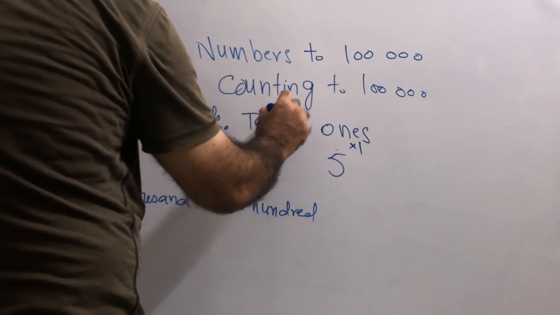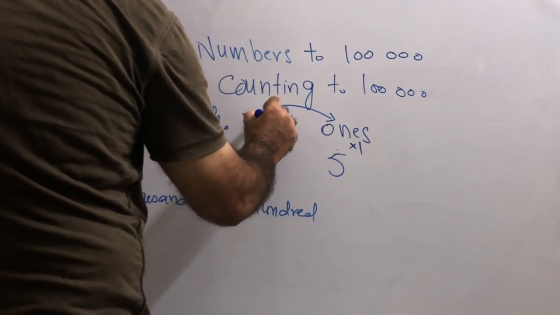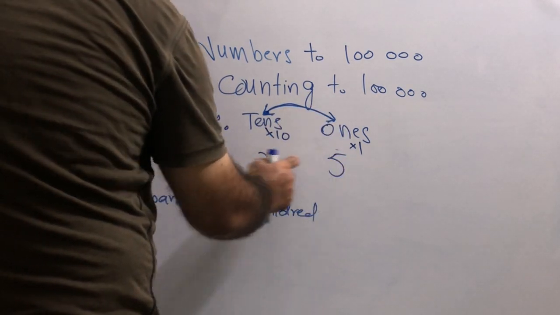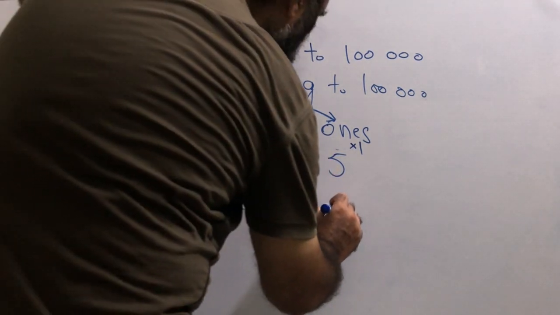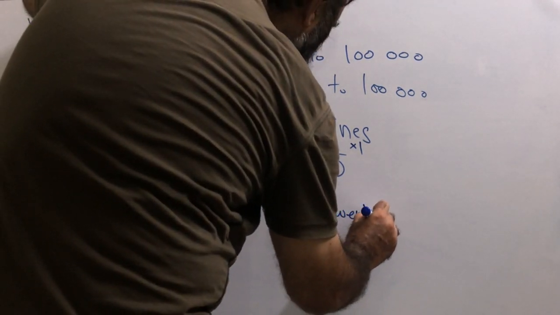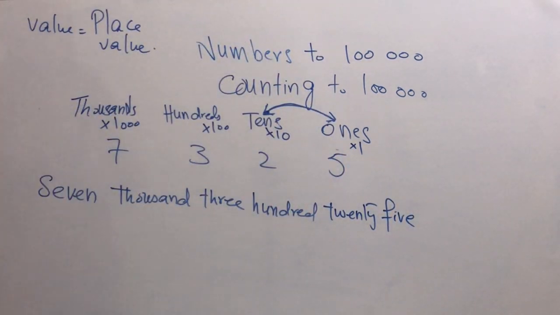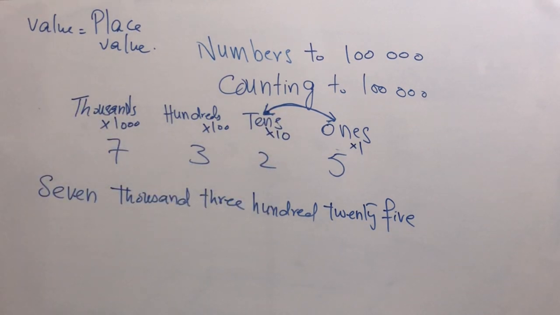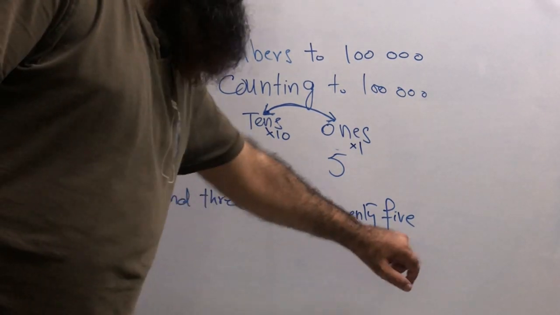These two we will combine. 2 and 5 is 25. We will write 25. Okay. So this number 7325 can be spoken in English as 7,325.